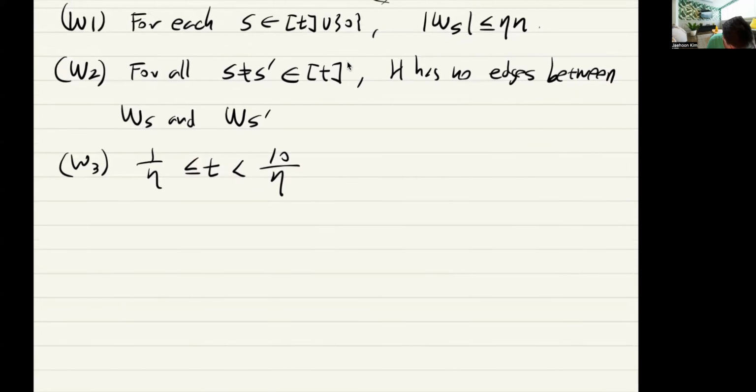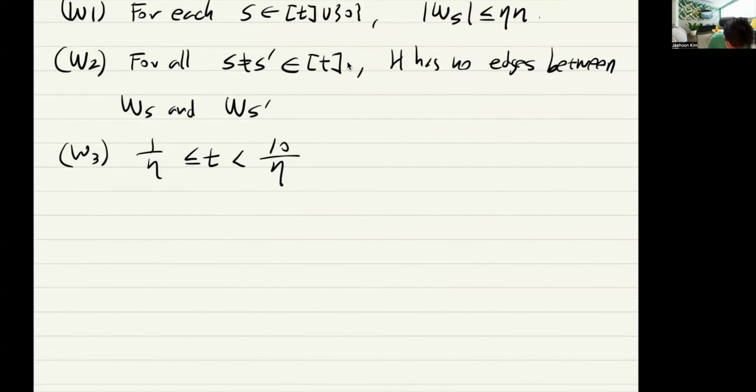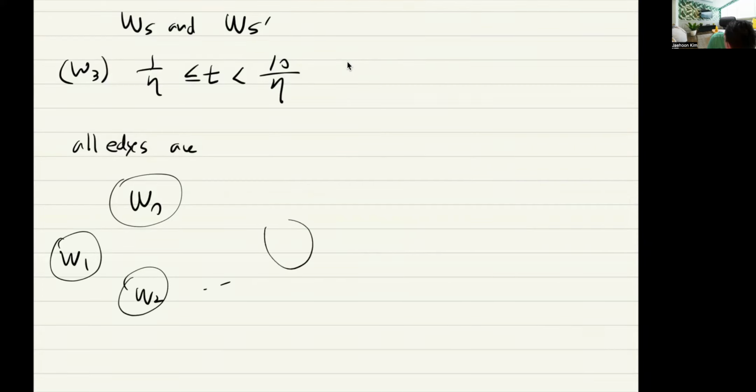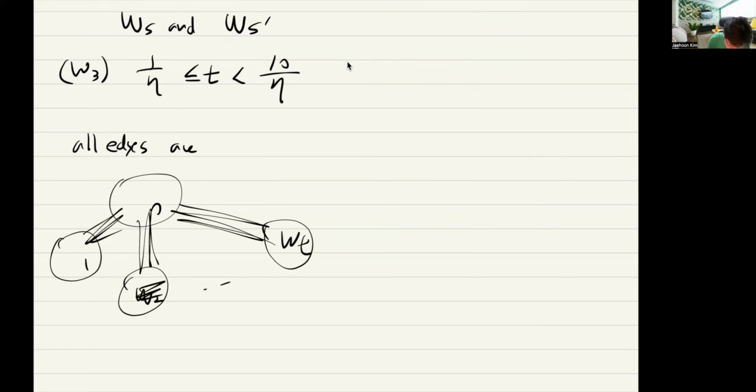Now, what do we know? Due to this, we have W0, W1, W2, dot, dot, dot, WT, and all the edges are either between W0 and WI or inside WI.